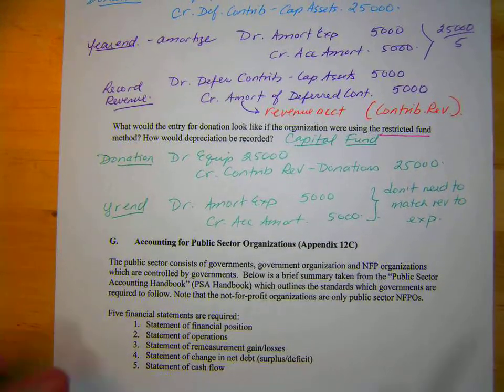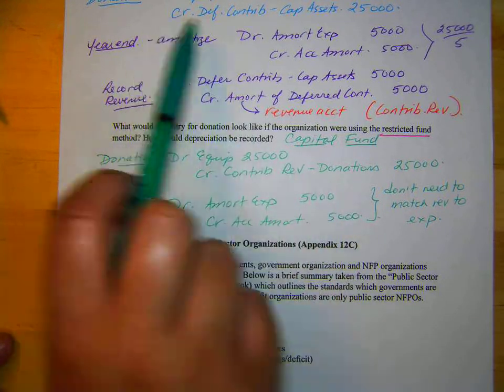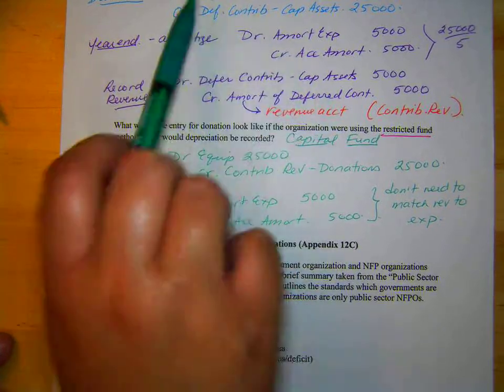If you're dealing with a lot of capital purchases going in and out, fund accounting is probably much easier because you don't have these extra steps in there.